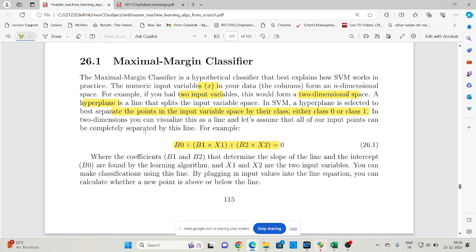So in this two-dimensional space, we can visualize a line with this formula: b0 plus b1x1 plus b2x2 is equal to 0, where b1 and b2 are the coefficients which give the slope of the line, and b0 is the intercept of the line, while x1, x2 are the two input variables.